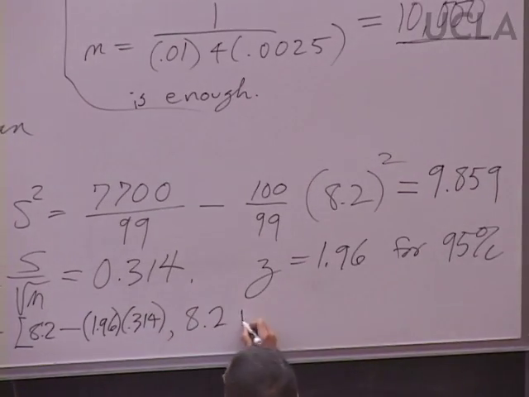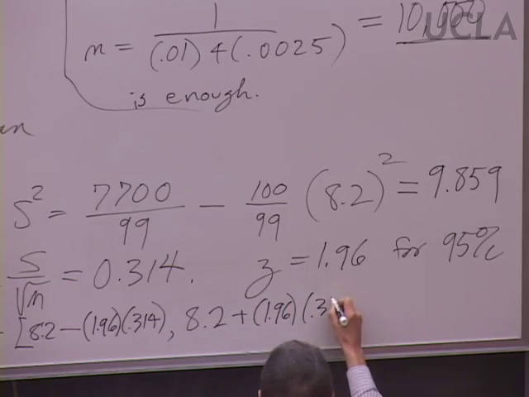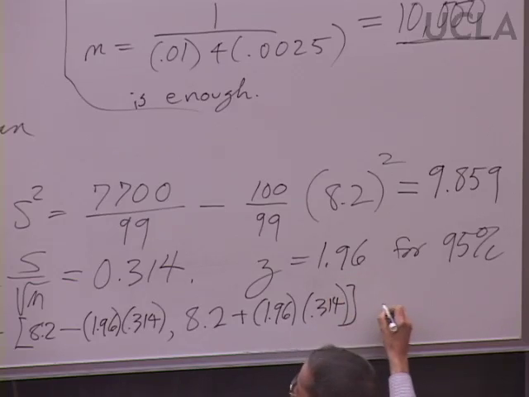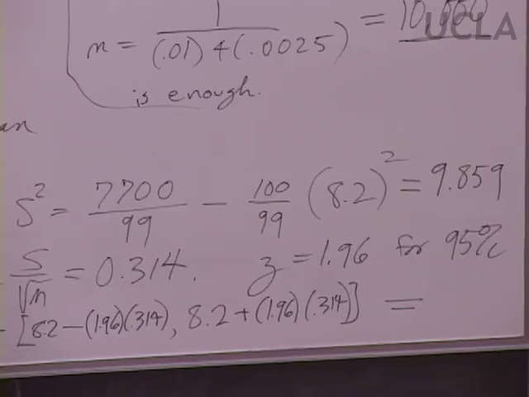It goes up to 8.2 plus our z value, which gives the interval 7.58 up to 8.82.